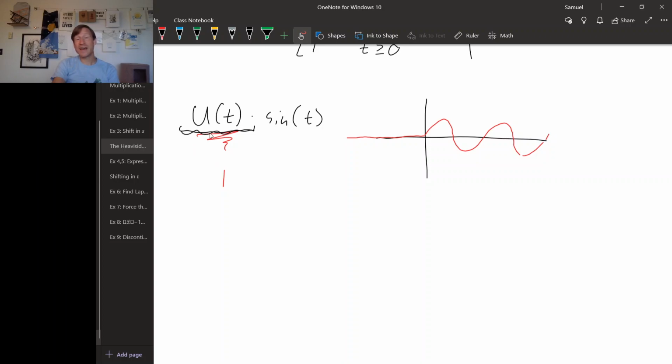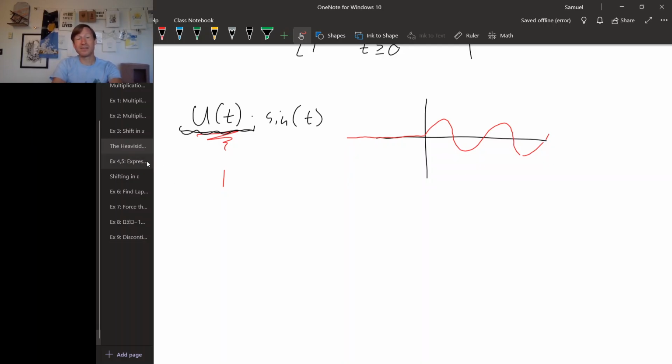Now, one nice effect of having this step function at our disposal is that it lets us turn functions on and off. You can see the effect of multiplying by the step function is it turns off sine of t for negative t values, but then turns it on at t equals 0. So we can use the step function to turn functions on and off, and that lets us write piecewise functions in a nice way.